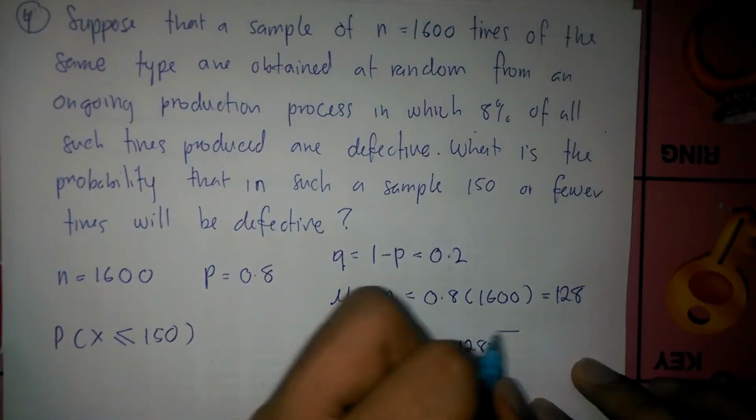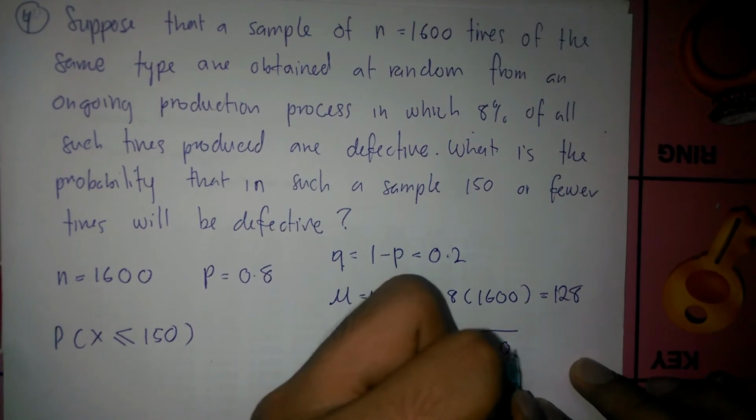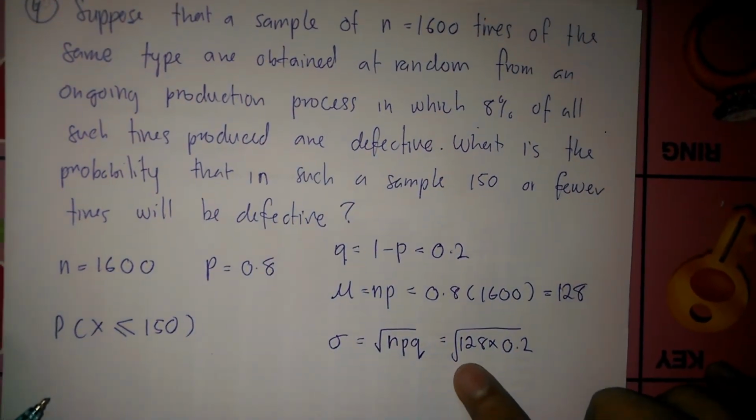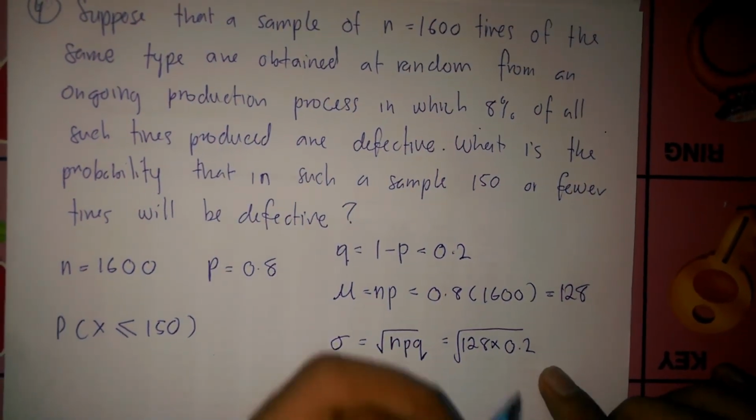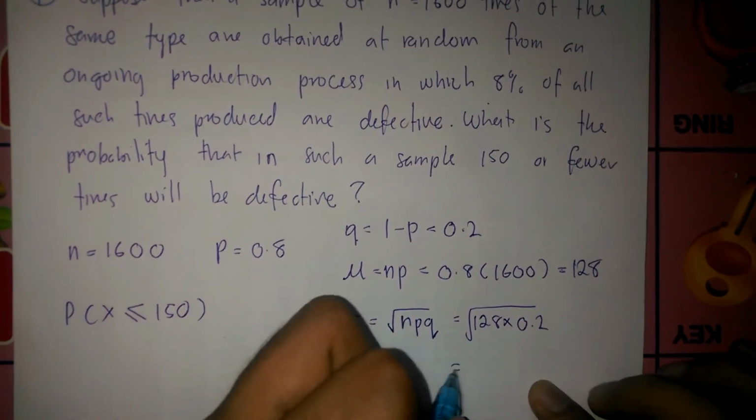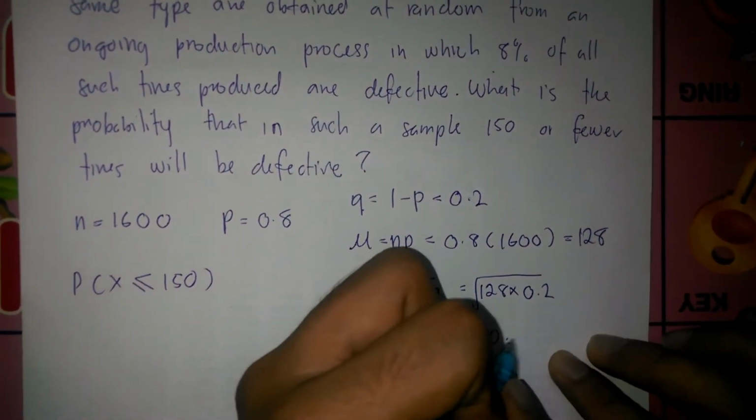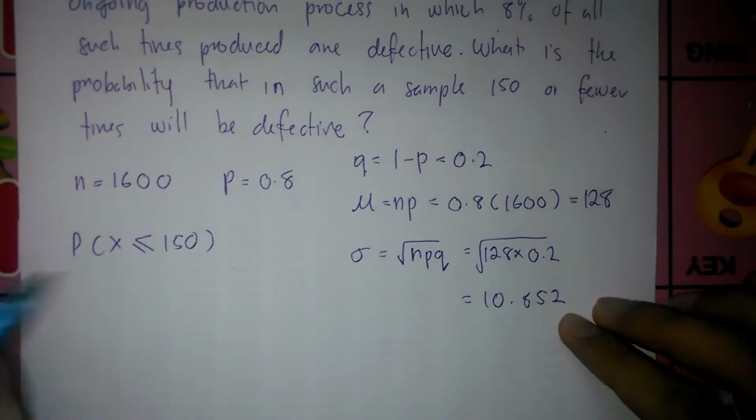So the square root of 128 times 0.2, we get 5.06.